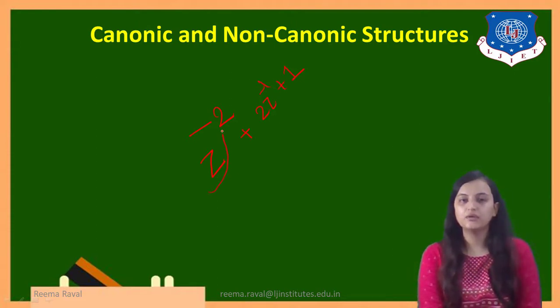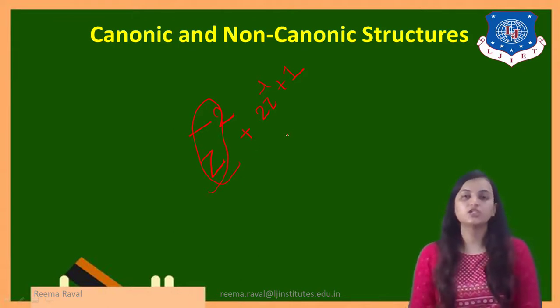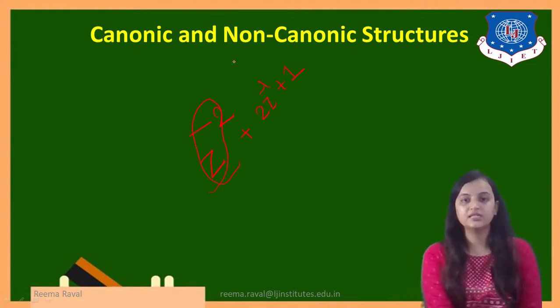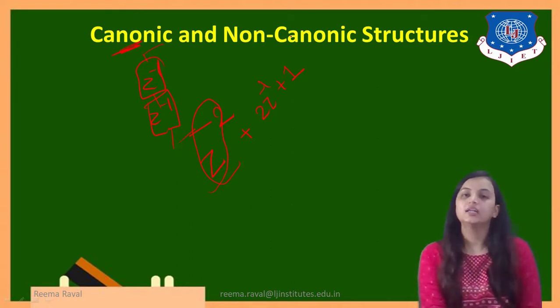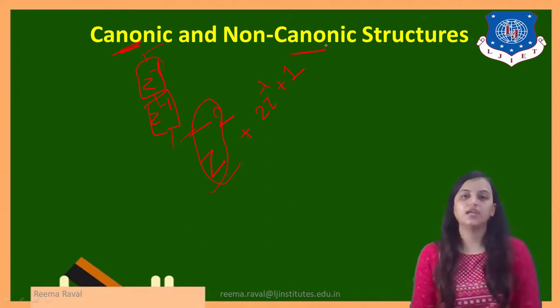So here the maximum order is what? 2, or else you can say minus 2. If in the structure there are exactly 2 delay elements, that means, for example, z raised to minus 1 and z raised to minus 1, a total of z raised to minus 2 power, 2 delay element blocks, this is referred to as the canonic structure. Otherwise, it is referred to as the non-canonic structure. Okay?